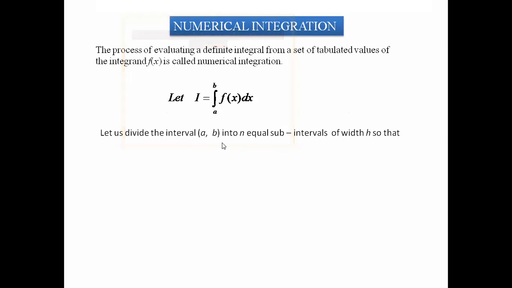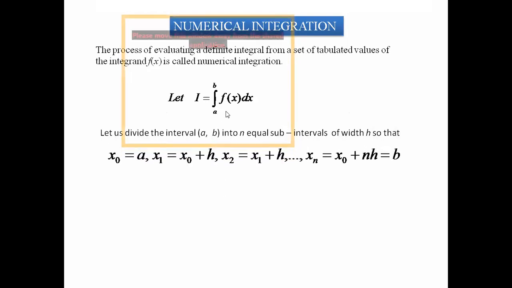How to divide: at the first point A, we take it as x naught. So take x naught equal to A, and x1 equal to A plus h, that means x naught plus h. x2 is equal to x naught plus 2h, which is x1 plus h also. And x3 you can write either x2 plus h or x naught plus 3h. Continue like this.